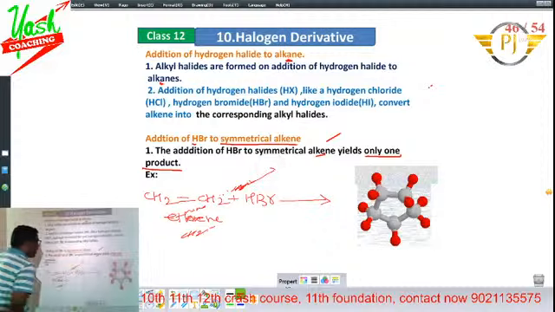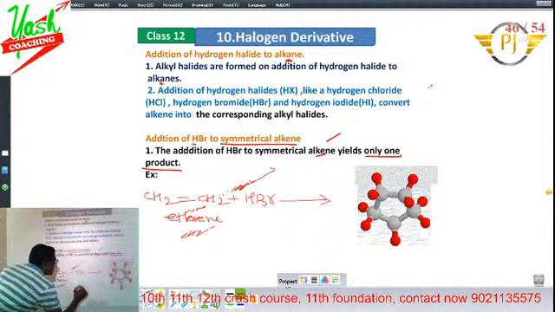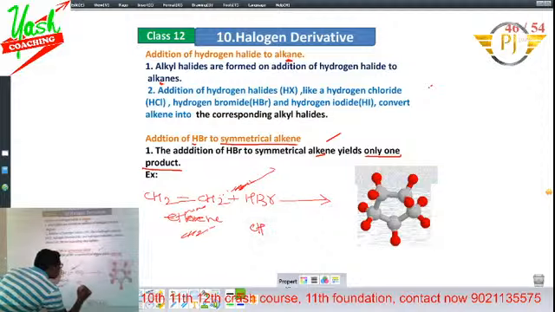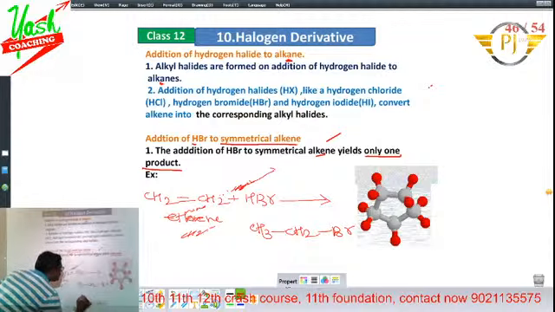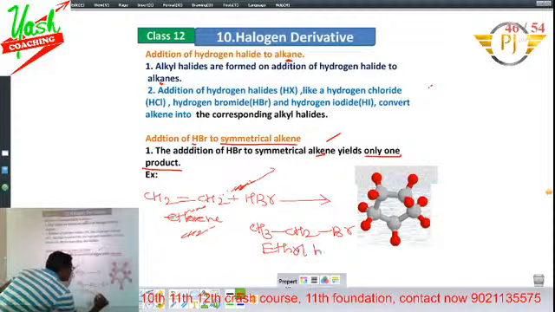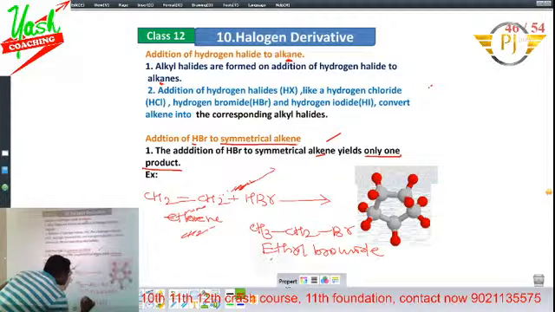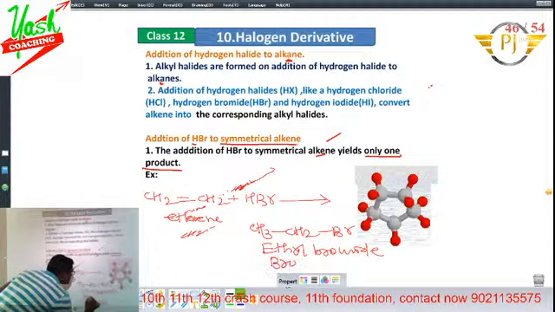When such an addition takes place, there is no problem for the addition of this reagent to the carbon-carbon double bond. There is a formation of CH3CH2Br. This is called ethyl bromide, or simply bromoethane.